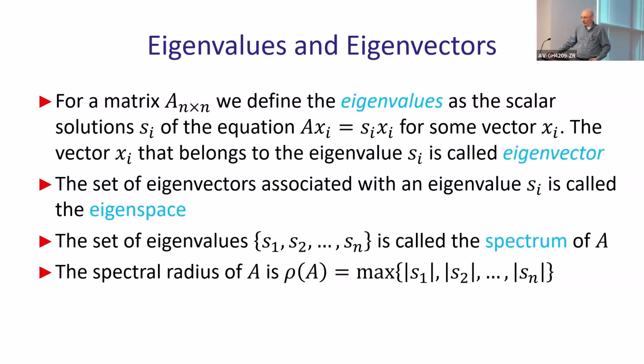It's called the spectrum, which is interesting not to mix with the Fourier spectrum, but they have a very interesting relation between them. It's still an actual spectrum, and it relates to frequencies, because eigenvalues might be complex numbers. Typically, they are complex numbers.